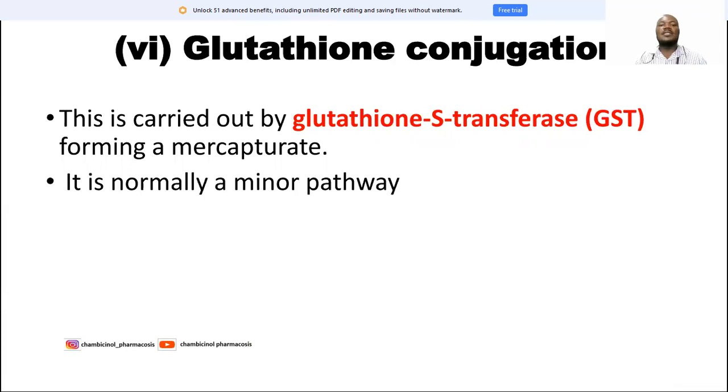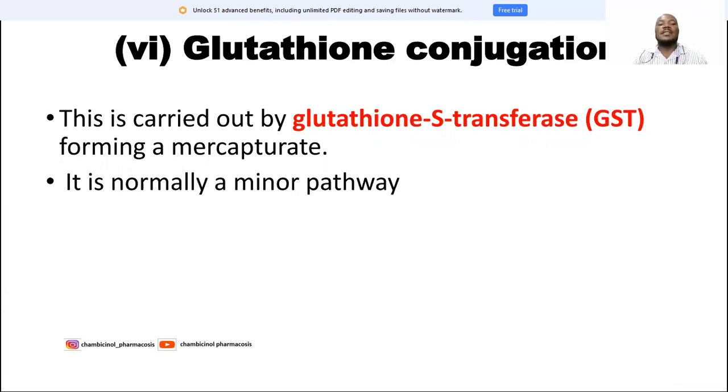The toxicity that occurs for a drug like paracetamol, which is metabolized by glutathione conjugation, arises because it conjugates with glutathione, which can lead to depletion of glutathione in the body. Glutathione is important, so by depleting its level, the drug which is not conjugated with glutathione can cause toxicity.